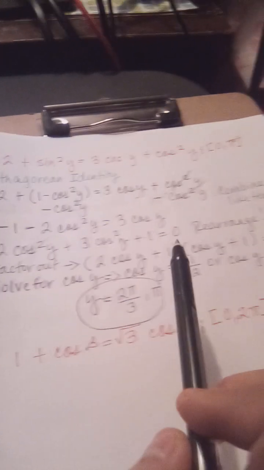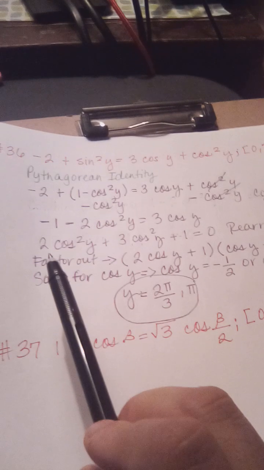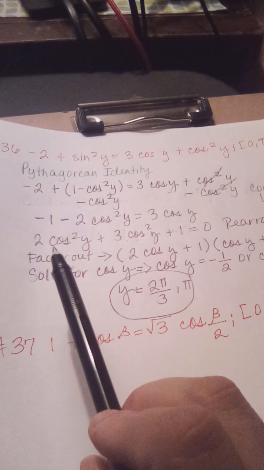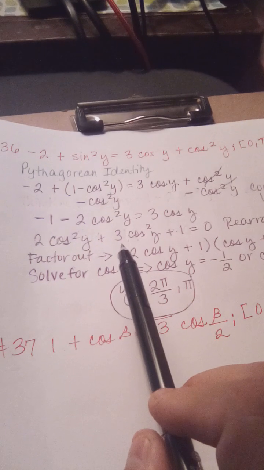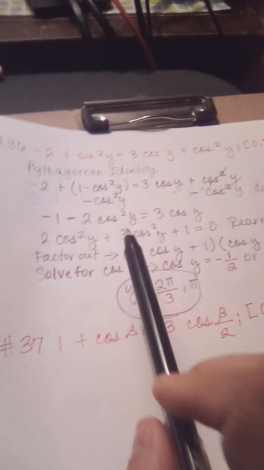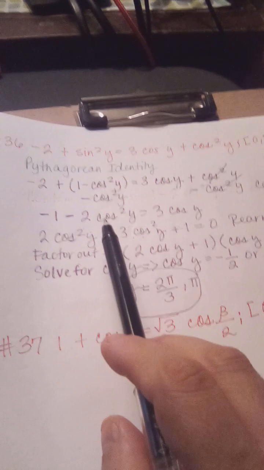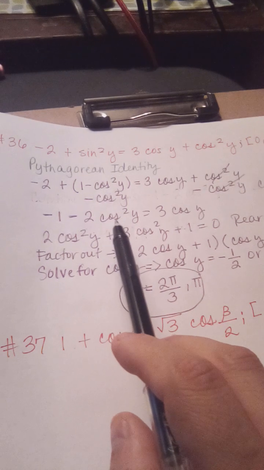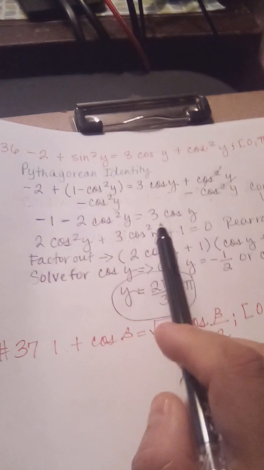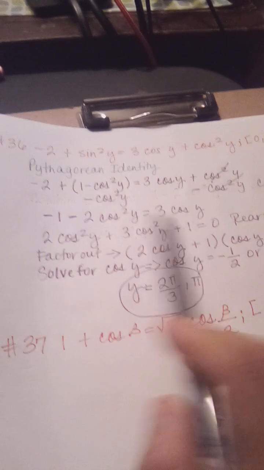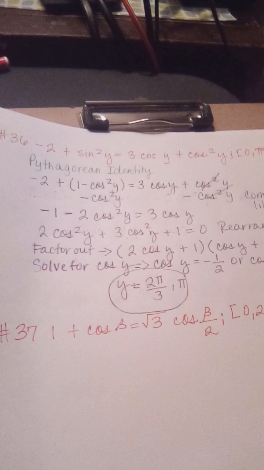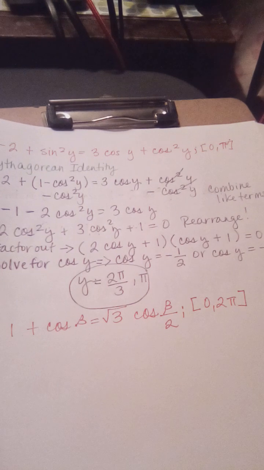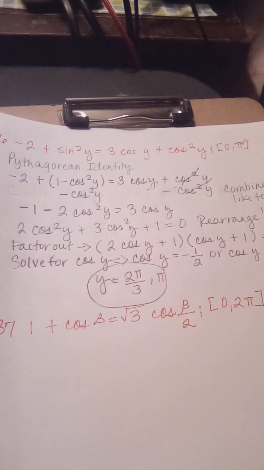Then rearrange it. Then we've got 2 cosine square y plus 3 cosine y plus 1, because this negative 2 cosine square y turns positive, and the same thing with the negative 1, and everything else equals 0. Then you factor out the left side of the equation. It does make sense.